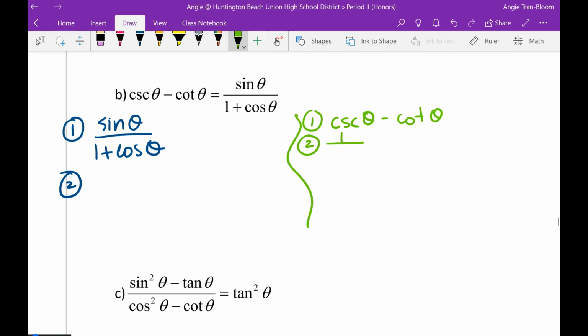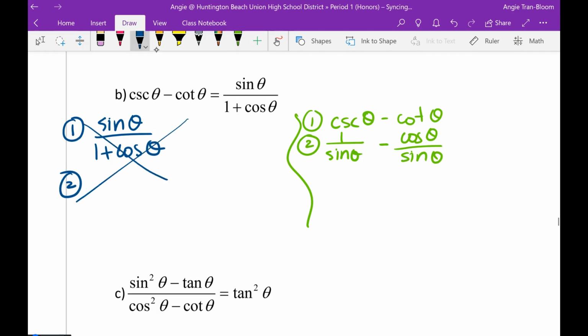Okay, so 1 over what? 1 over sine theta minus cosine theta over sine of theta. Okay, so we scratch out this side. And remember, you can't go both ways at the same time, so pick one. Step 3. Now that Cole has switched sides, Kara, what do you want to do next? Oh, I combine it all over sine, so I got 1 minus cosine theta all over sine theta.